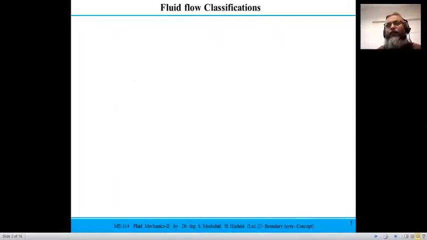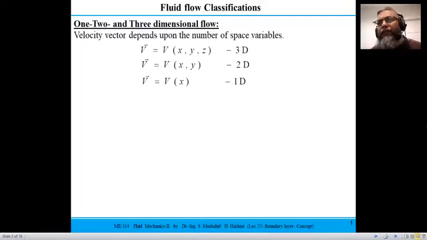Let's start with fluid flow classifications. One of the ways by which we classify fluid flow is whether it is a one-dimensional, two-dimensional, or three-dimensional problem. In general, as we know, the velocity vector is a function of space and time. But for steady flow cases, it is only a function of space variables.